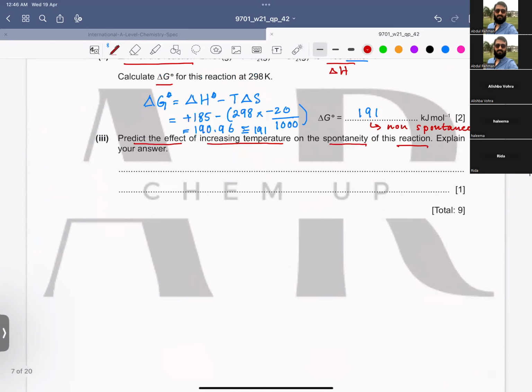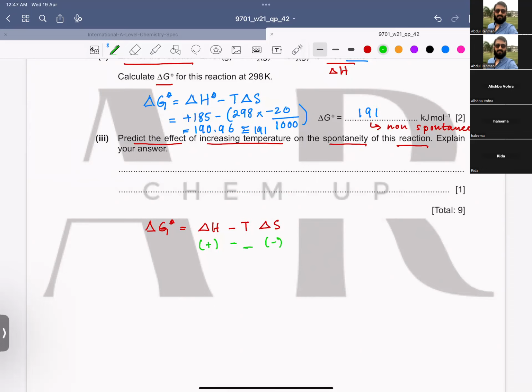So here we have the Gibbs free energy, delta H minus T delta S. So it's positive here, here we have a negative, and that is negative as well.